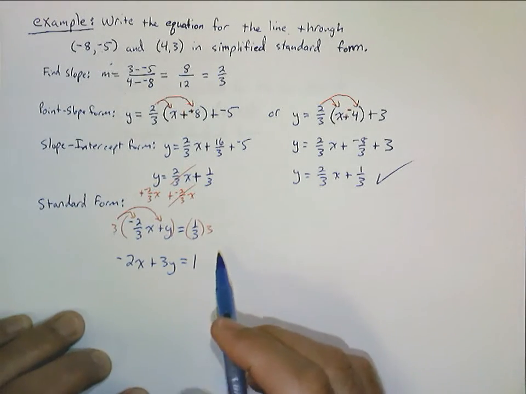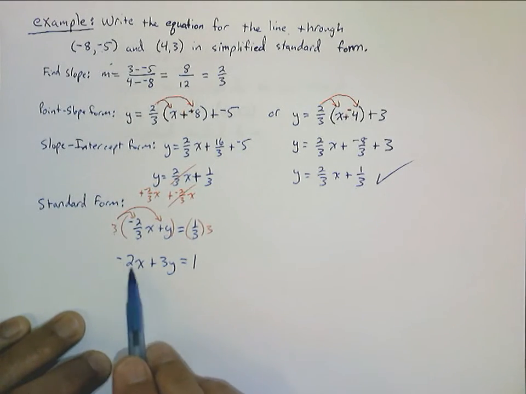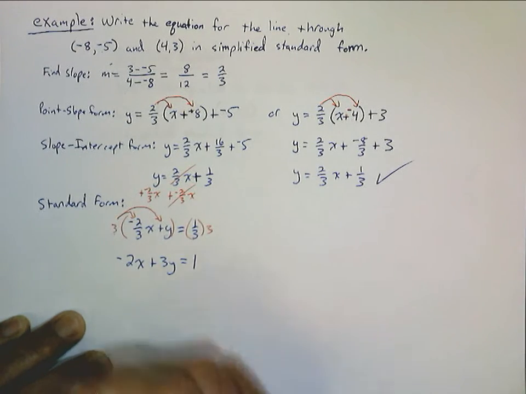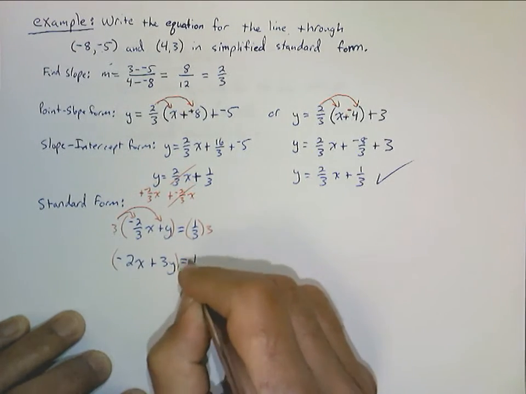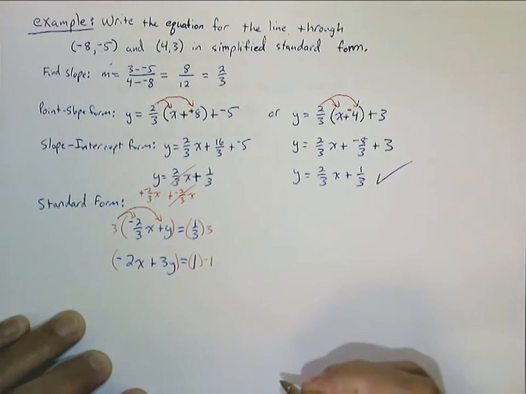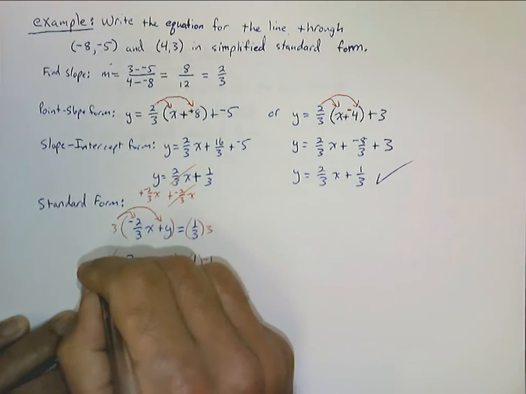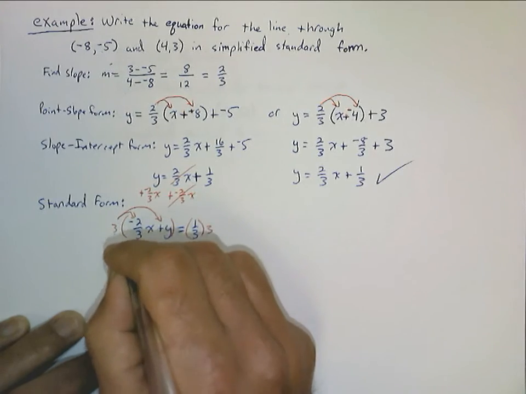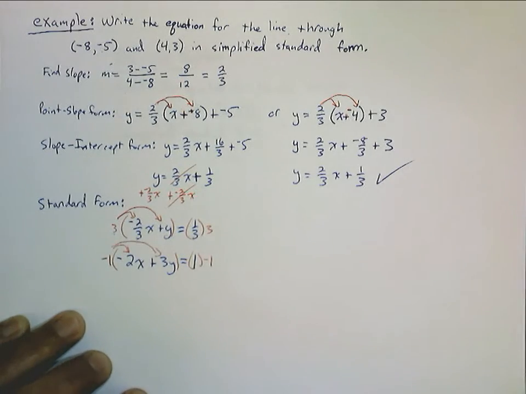But now if we want simplified standard form, notice here that the coefficient of x, this is the a, is a negative number, which we can't have in simplified standard form. So how we're going to deal with that is we're going to simply multiply both sides by -1. And don't forget to distribute that into both terms over here.